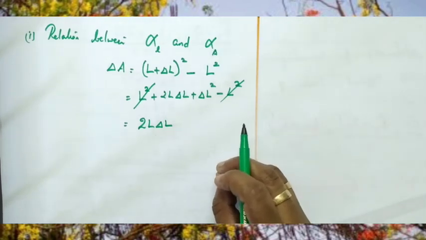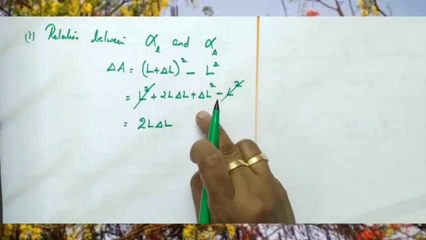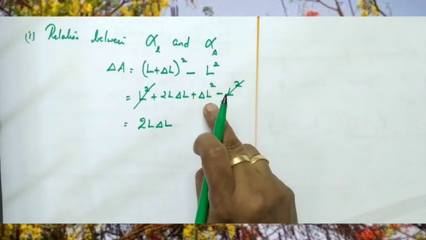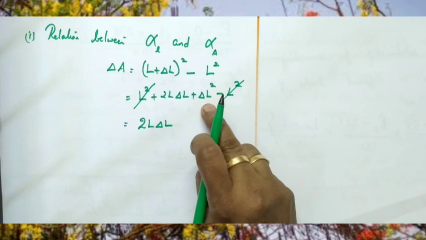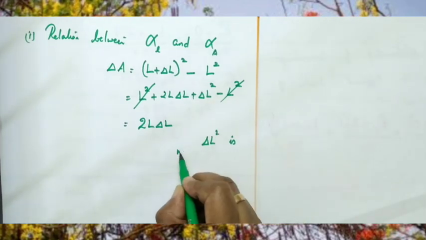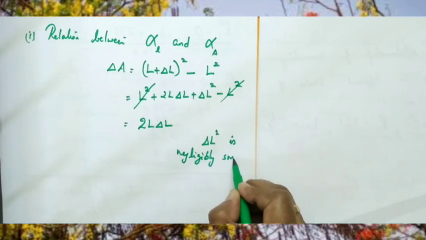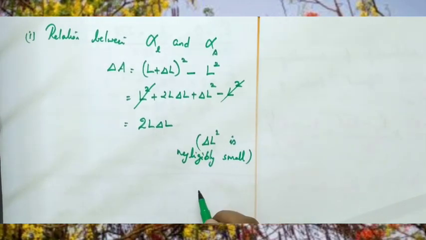So, if a metallic rod is heated, its length increases by a very minutely small value. So, delta L is very small and hence delta L square is negligibly small and can be neglected.